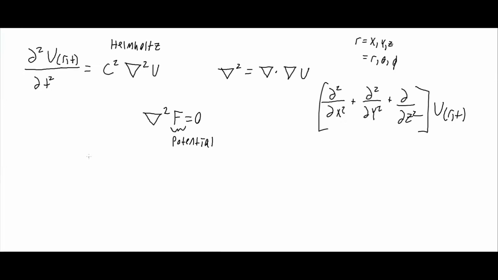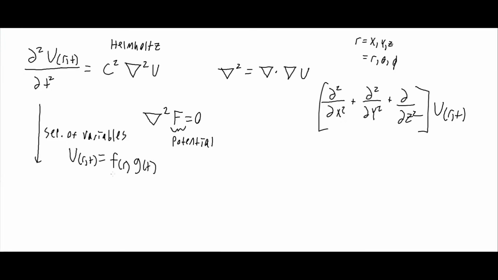And in that case, what we do is we want to do a separation of variables. So this would actually be after the separation of variables, but we're going to do a separation of variables, where we're going to have u, our function of space and time, be equal to the product of some function of space and some function of time.